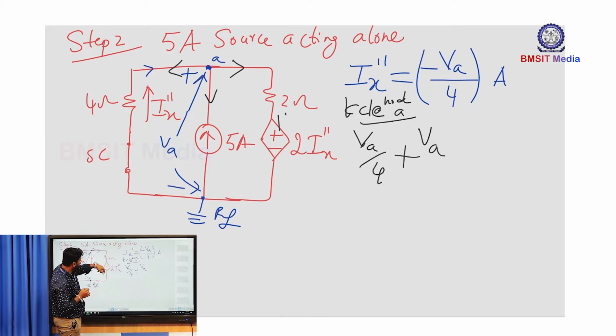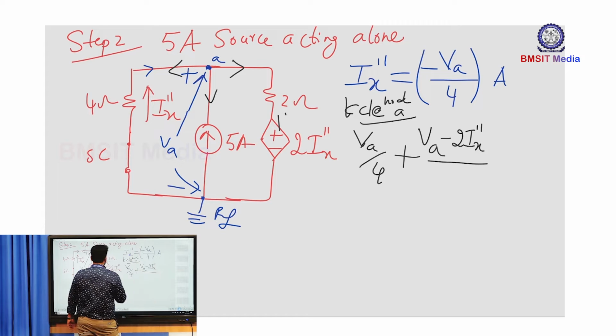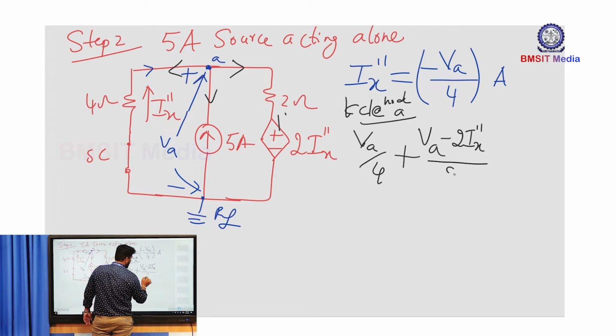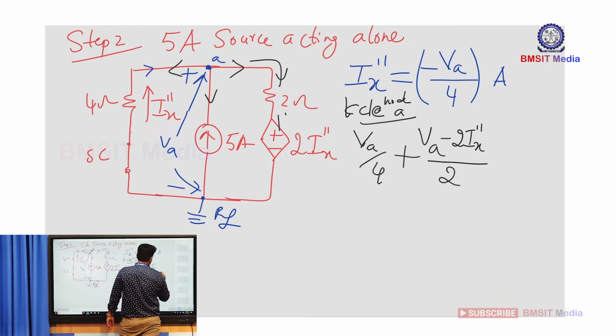Again we have another voltage source, a controlled source whose value is 2 times Ix double dash. So you can write plus to minus is a drop: minus 2 Ix double dash, divided by the resistance along this path, which is 2. That's the current flowing through the 2 ohm resistance in this branch, and here the current I wanted to write as leaving is actually entering, so the leaving current is minus 5, which is equal to 0.